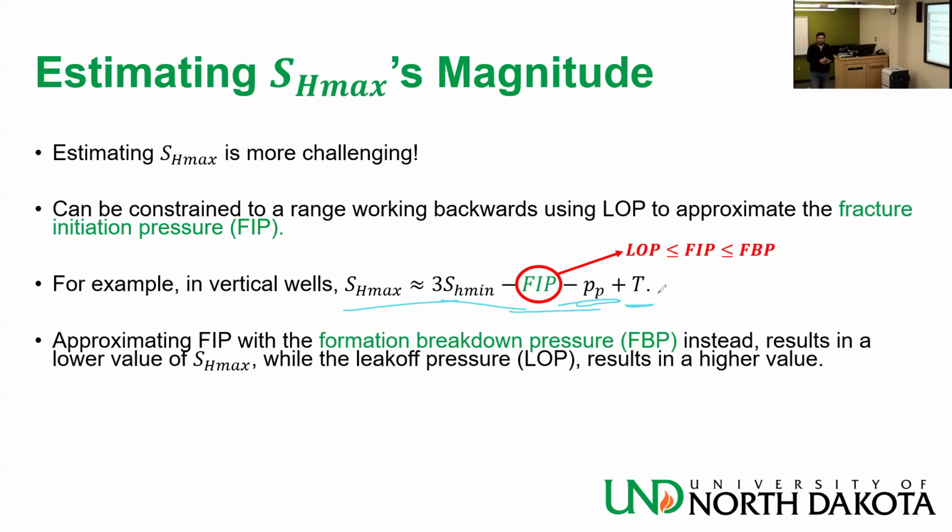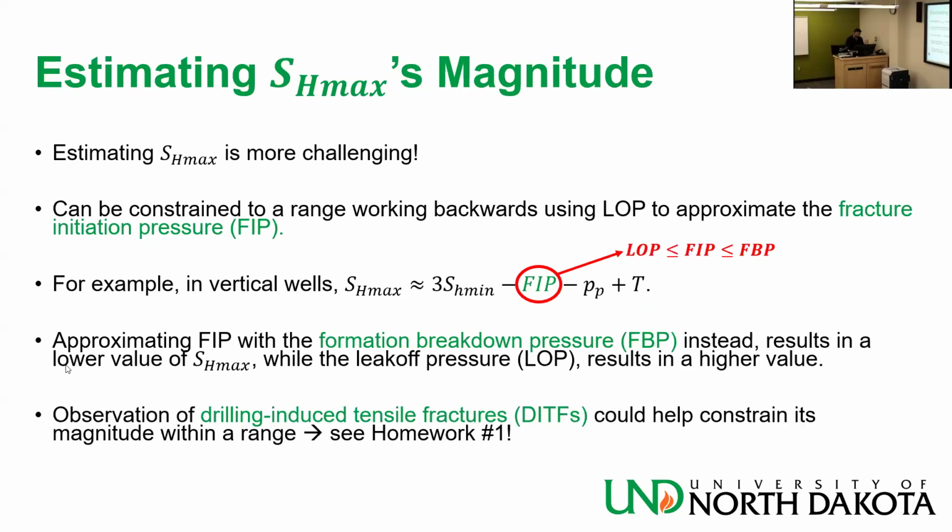It is the strength that you need to overcome to fracture the rock, to make a tensile fracture of the rock. That's where the T comes from. Approximating FIP with the formation breakdown pressure instead results in a lower value of SH max, and then leak of pressure results in the higher value. So hopefully it's a short range, so you can stay in between. Many times it won't be.